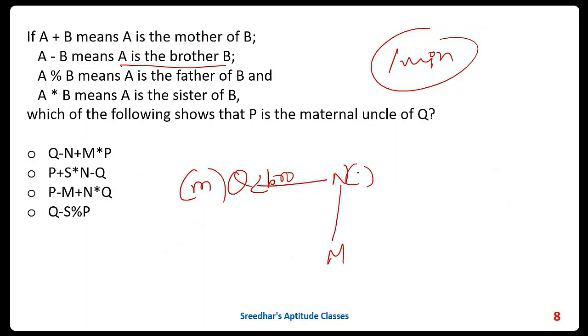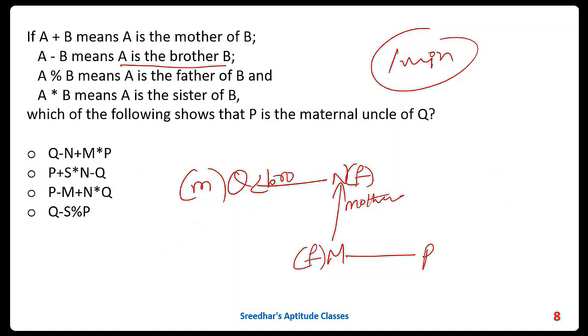So being a mother, N is female, right? And then M star P, M is the sister of P. M is the sister of P, being a sister, female.